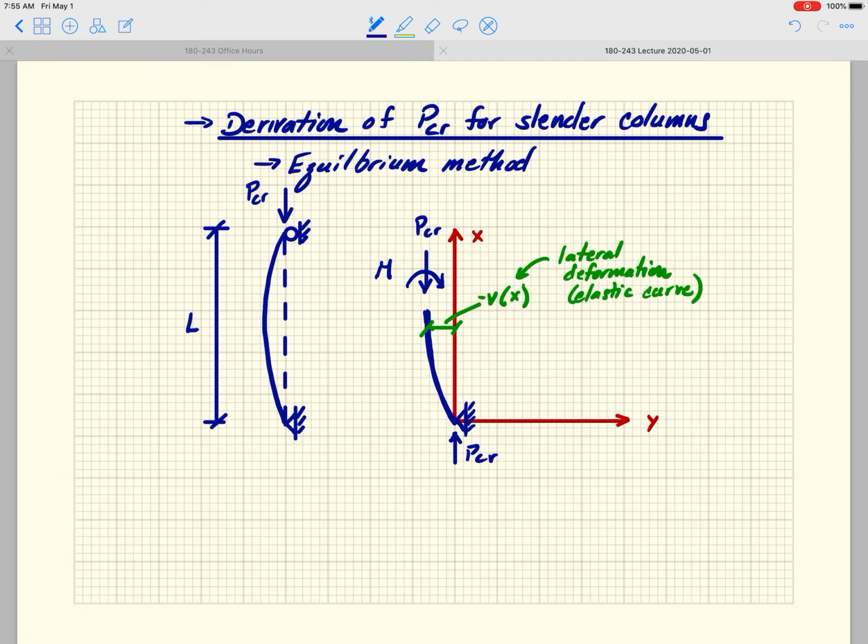So let me just put this P critical here as well. So you can see those two P criticals are offset by this v of x, the deformation. And so the moment is going to have to account for that, because right now you can see those axial forces are trying to spin the element in the counterclockwise direction.